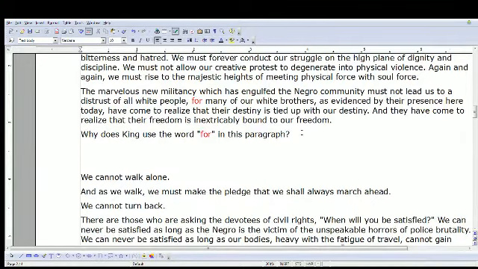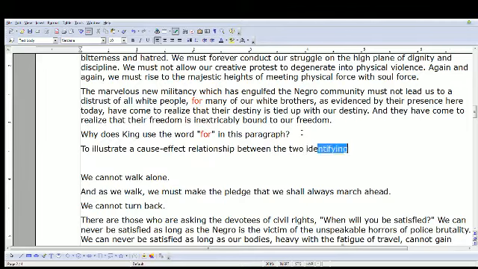Right? So then, you might say, illustrate a cause, maybe effect, relationship between the two ideas in the sentence.